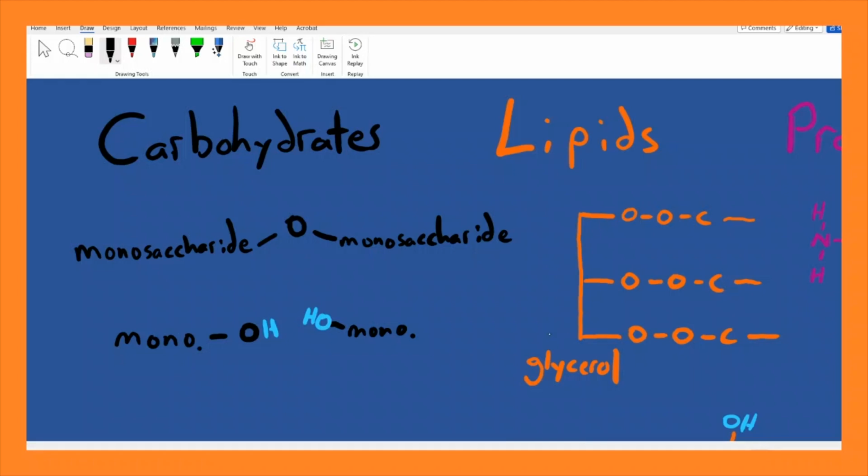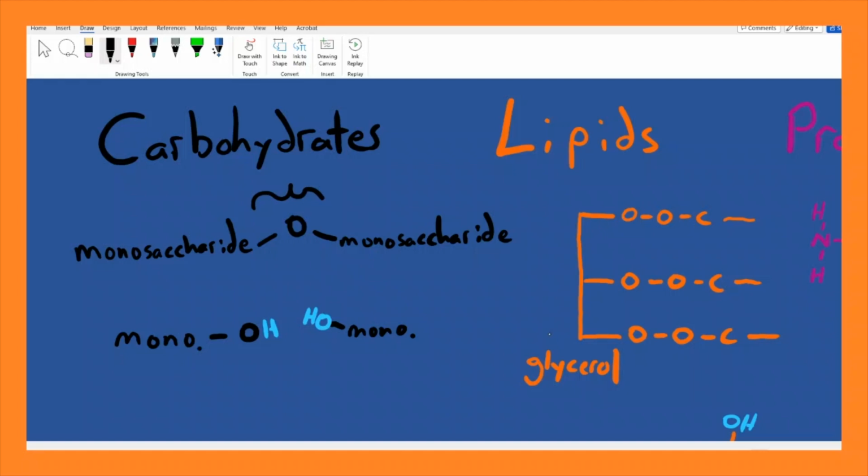So we see here two monosaccharides linked to each other by what people would call a carbohydrate or a glycosidic bond here. That's this thing right here. The bond making two monosaccharides into one big disaccharide, two-part carbohydrate.